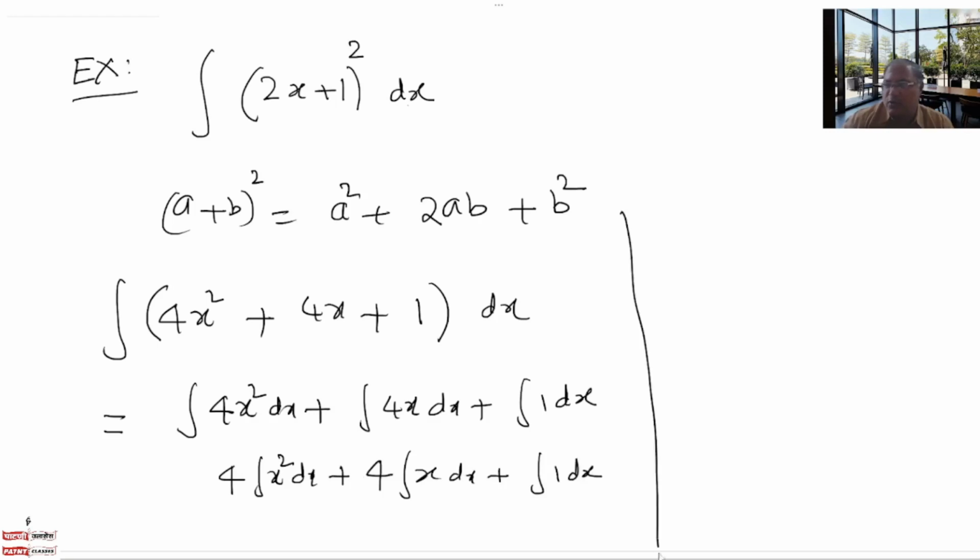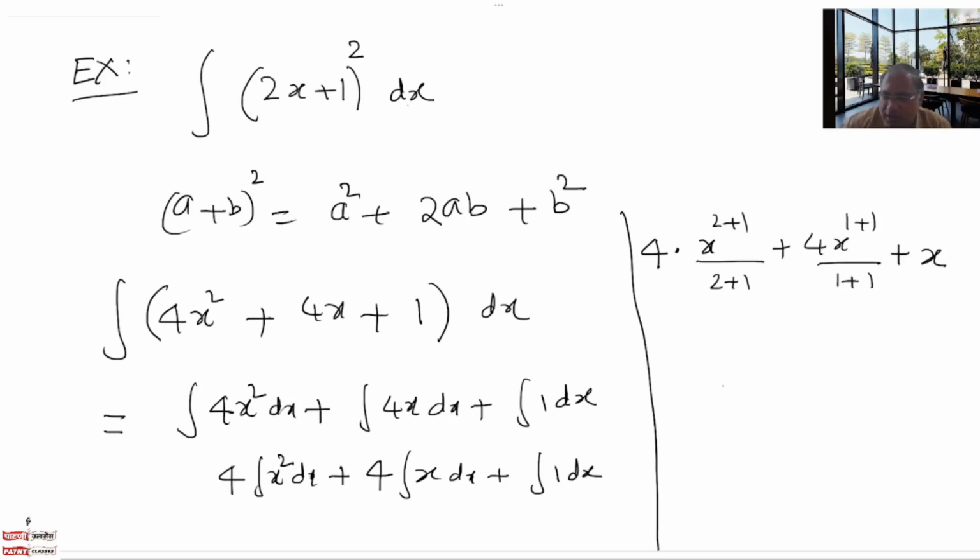Individual integration: x square integrates to x raised to 2 plus 1 upon 2 plus 1, integration of x is x raised to 1 plus 1 upon 1 plus 1, and integration of 1 is x.